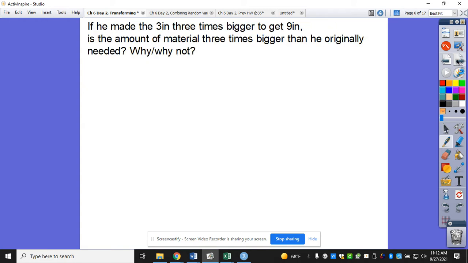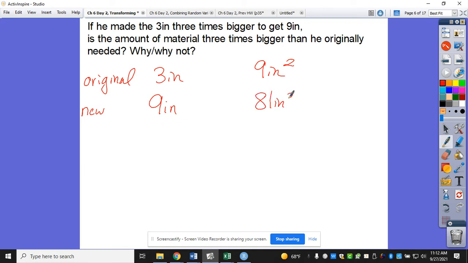So, our original was a 3-inch square. How much material did we need? 9 inches. The new one was 9 inches, which means how much material would we need? So this one was multiplied. This one got how much?